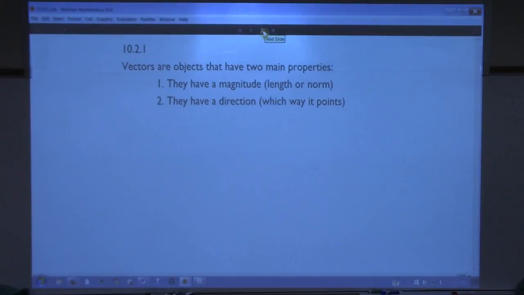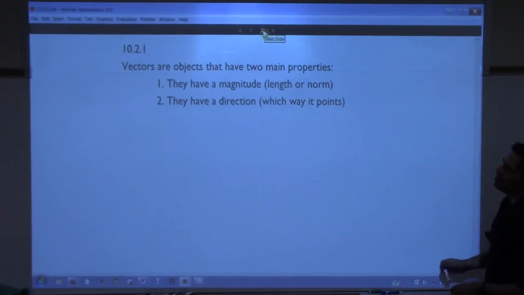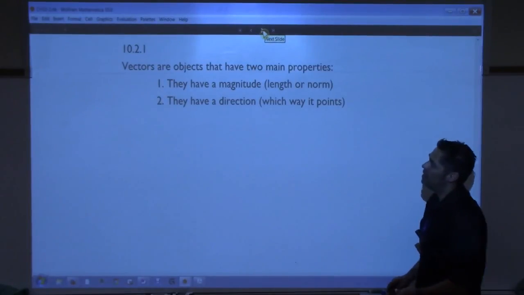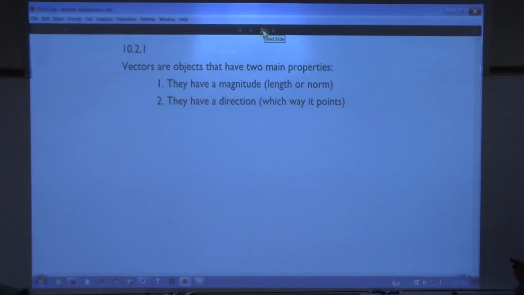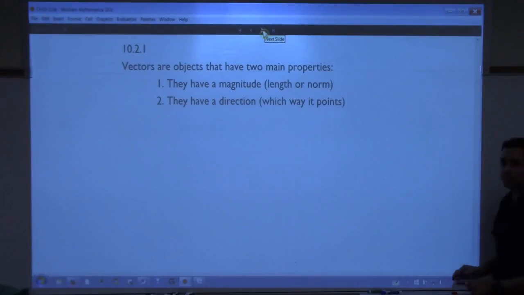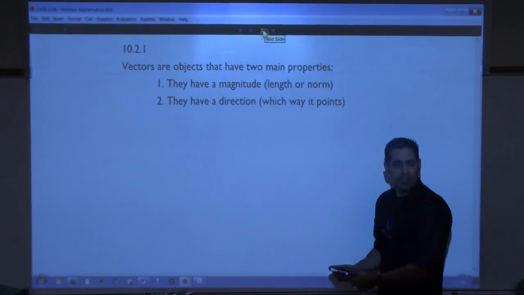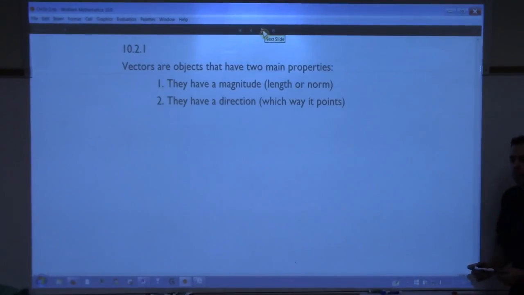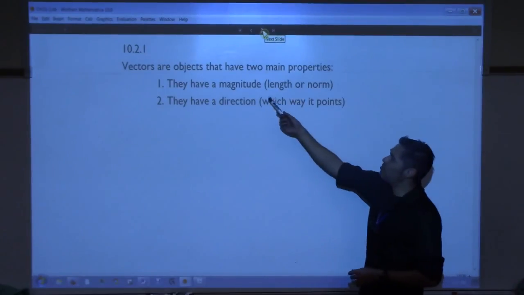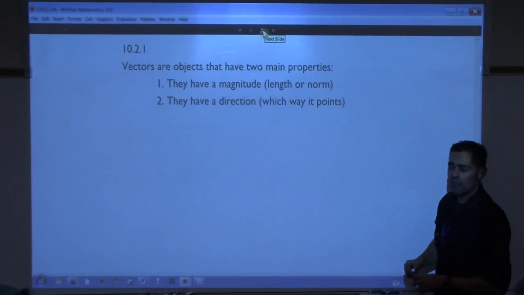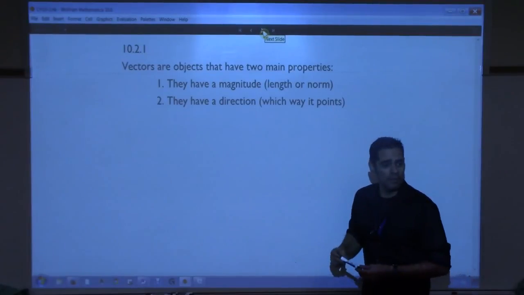In this class, we're going to say a vector is an object that has two main properties. They have a magnitude and they have a direction. That's all it takes to be a vector. Sometimes we call the magnitude the length, or it's also called the norm.